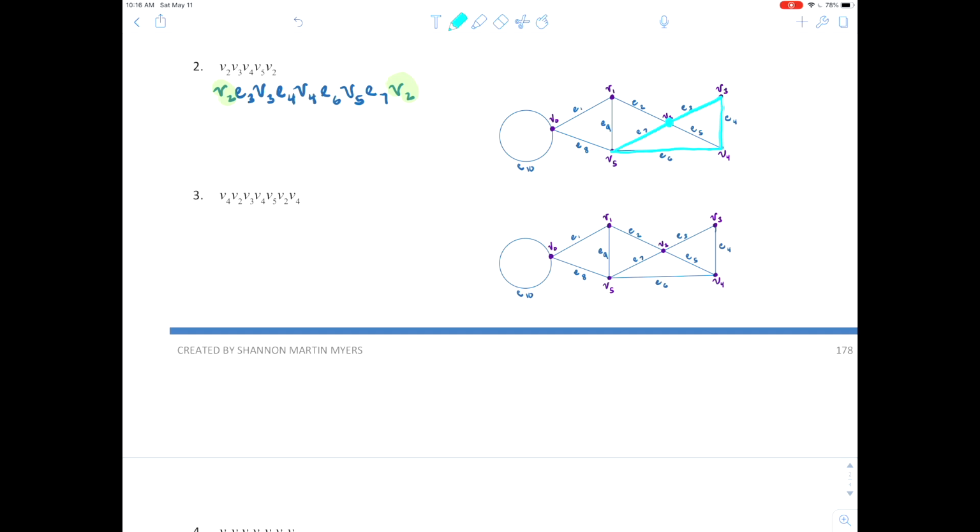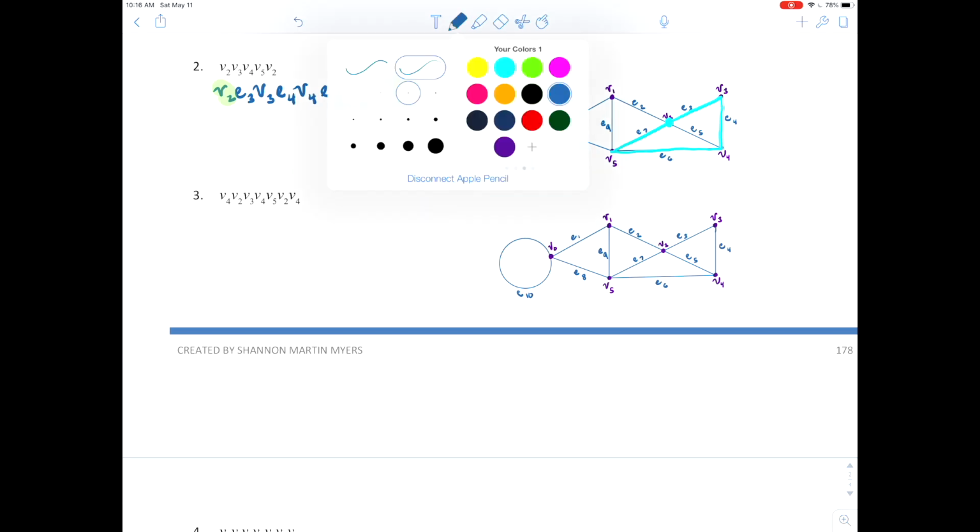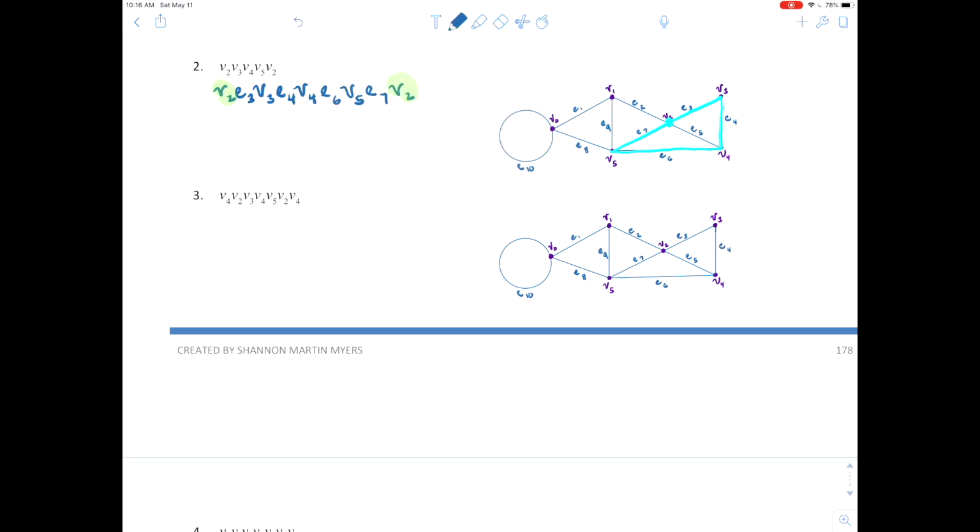And by the way, the reason I was able to write the graph this way, while you're thinking about this, is because these two graphs are equivalent, okay?